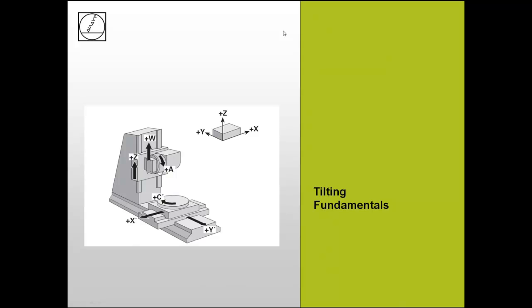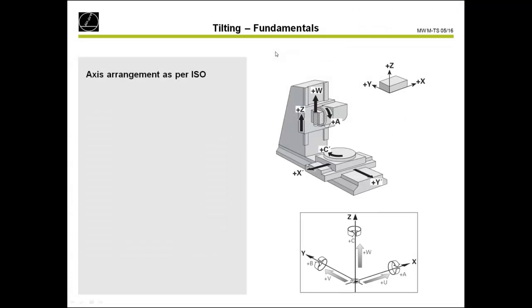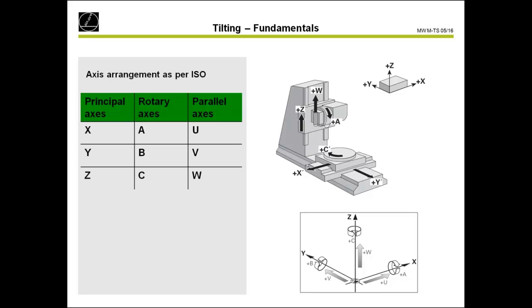At first we start with the fundamentals for tilting. Everybody knows from the basic training we have our three linear axes, the x-axis, the y-axis, and the z-axis. For tilting we need three more axes, our round axes.